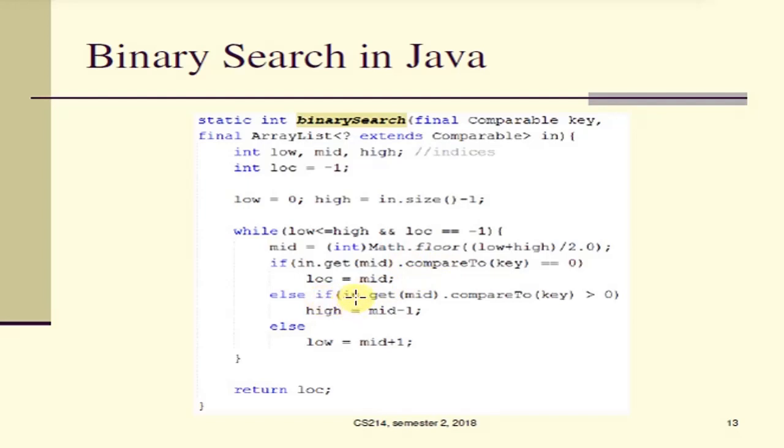And what are we checking here? We are checking if the element that is in the mid index matches the key. If it does match, we will be returned a 0, which was here, and we would go into this.